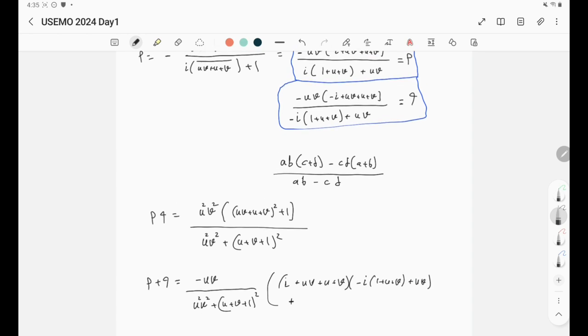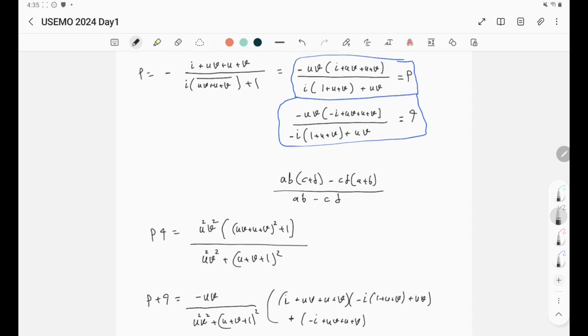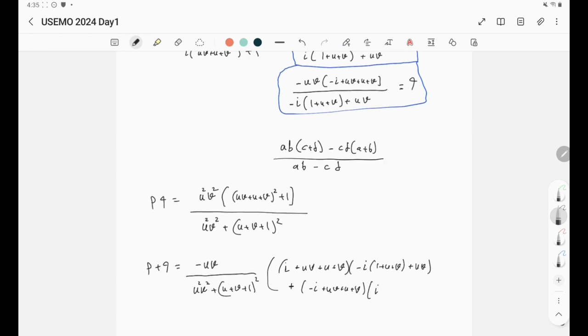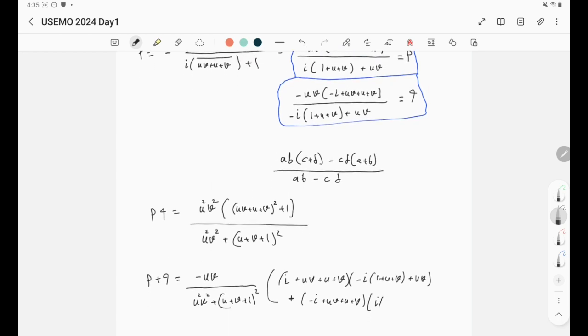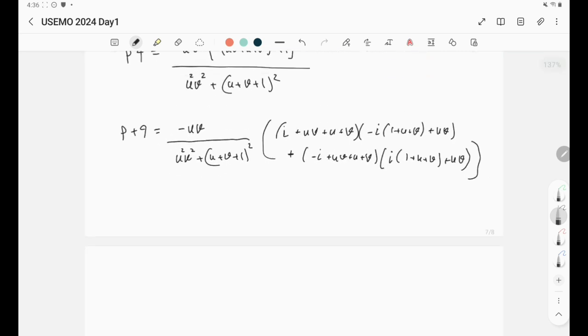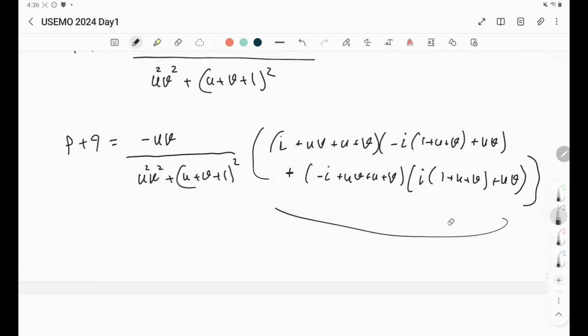Second one, it's plus minus I plus UV plus U plus V times I, one plus U plus V plus UV. Yeah, that's it. Now we just need to try to simplify this because it's way too ugly.